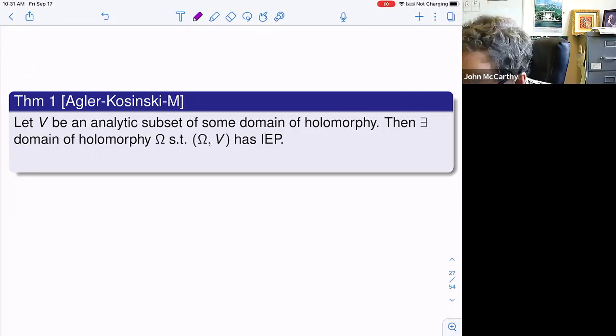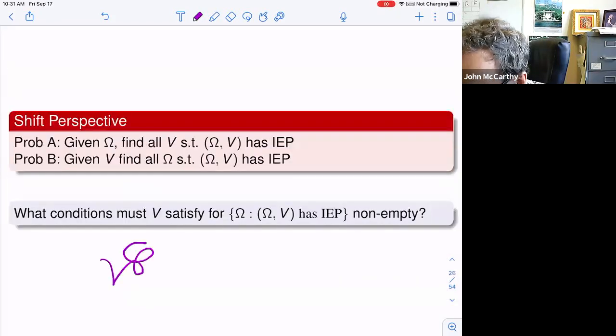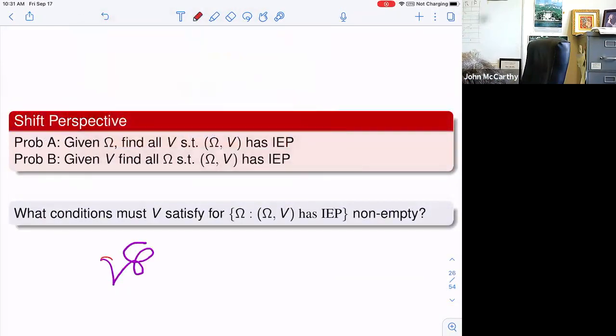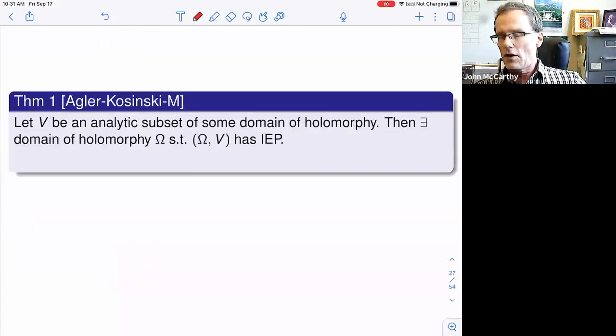So even if we go back to this weird example here, I can find some omega. It may be a very small set going around it, but I can find some omega so that the pair omega, V has the isometric extension property. No restrictions at all on V.